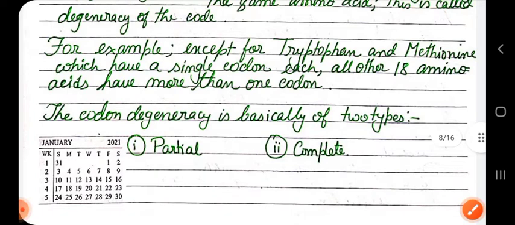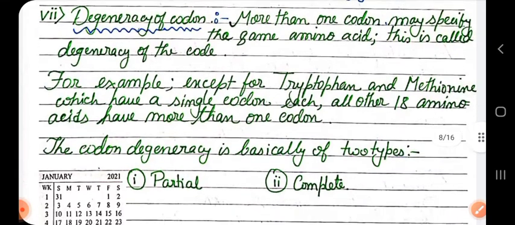And codon degeneracy is of two types, partial and complete. So there are partial and complete degeneracy of the codons. What do partial and complete degeneracy of the codon mean? Let us see.